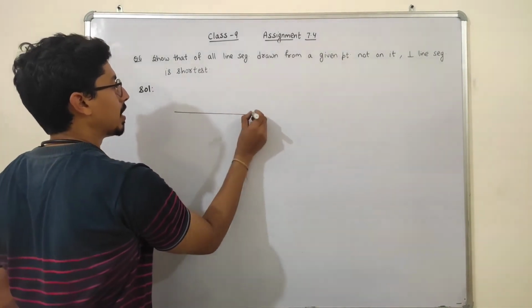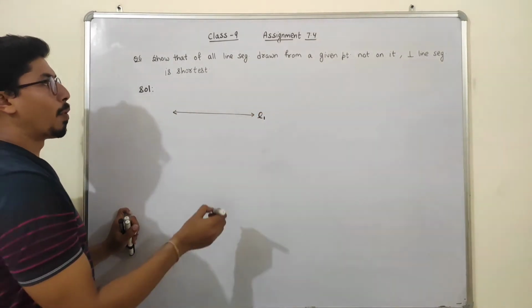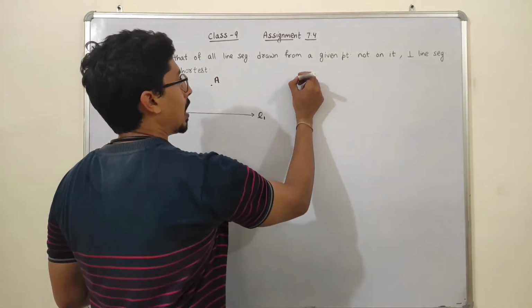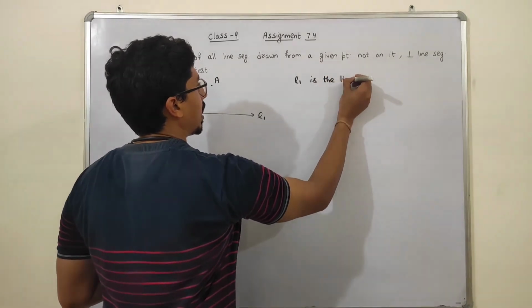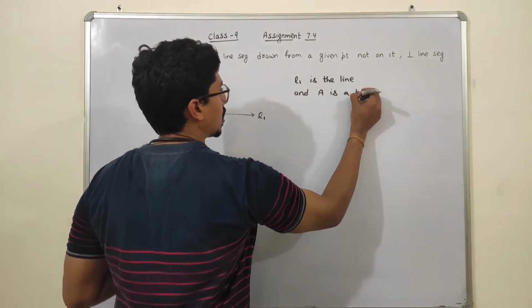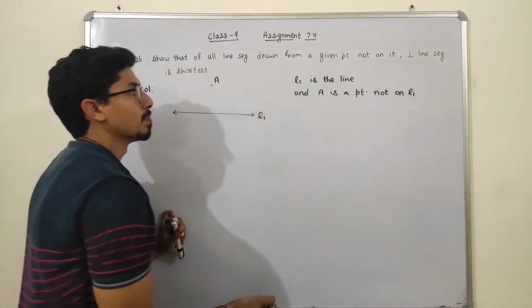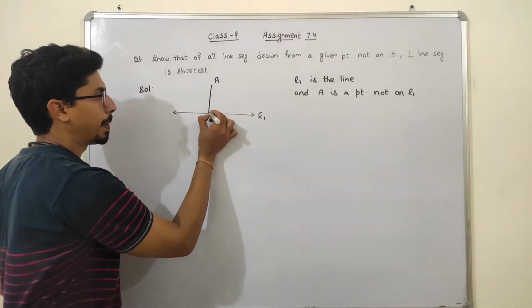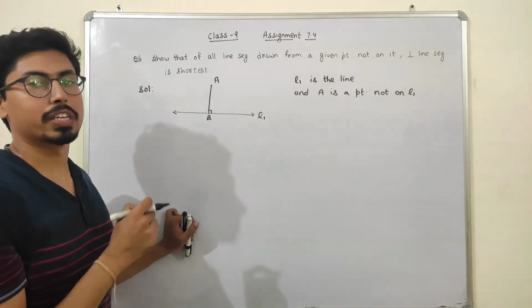Take a line L1 and a point A not on L1. Now I have to prove that if I draw a perpendicular AB on it, AB is the shortest.